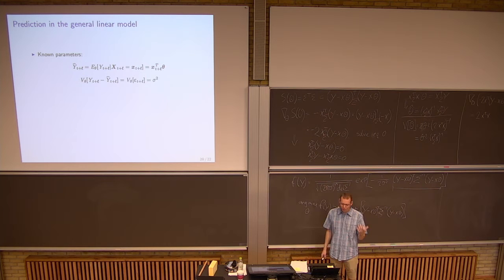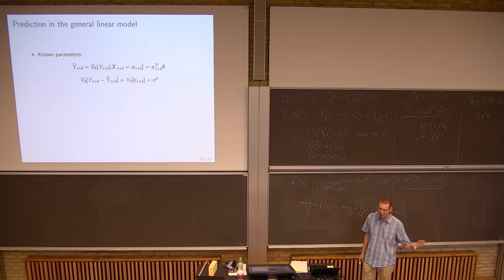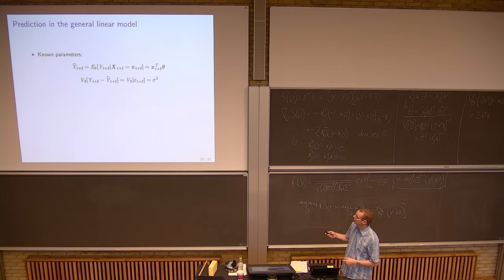So if you are predicting in the general linear model, we'll start with a simple case that is never happening in real life, but it's just nice to have a reference with something simple. So we want to predict the outcome at t plus L, so L time steps into the future. For now, you can say this does not make so much difference, but we'll get to cases where it does.